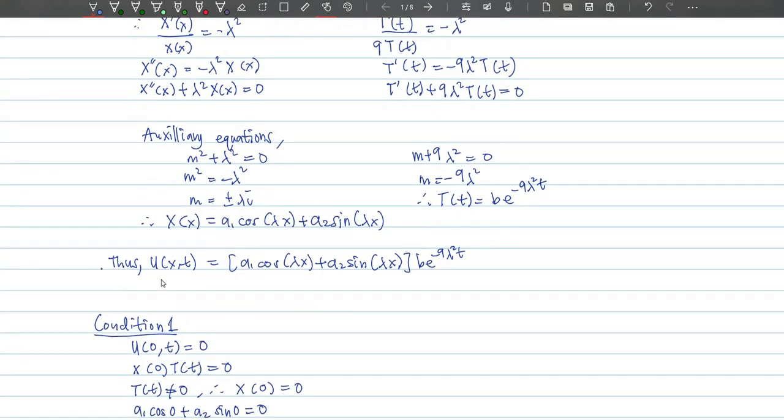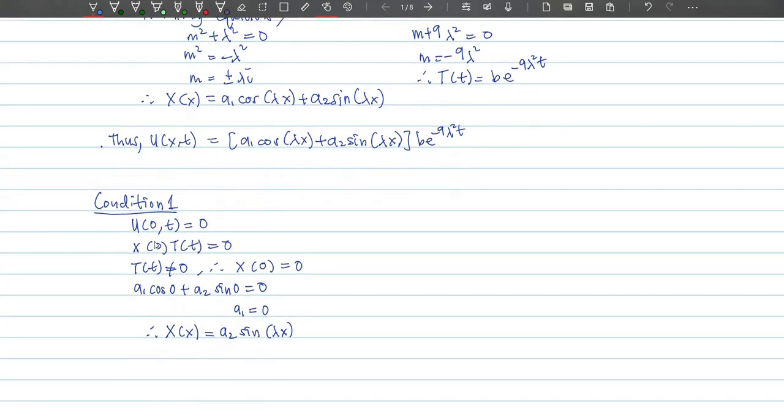Therefore, T(t) is equal to B e to the power of negative 9 lambda squared t. Thus u(x,t) is equal to X(x) times T(t), so we rewrite this by multiplying them. Let's apply the first condition, where u(0,t) should be equal to 0, and therefore X(0)T(t) is equal to 0. Since T(t) does not equal 0, X(0) is equal to 0.